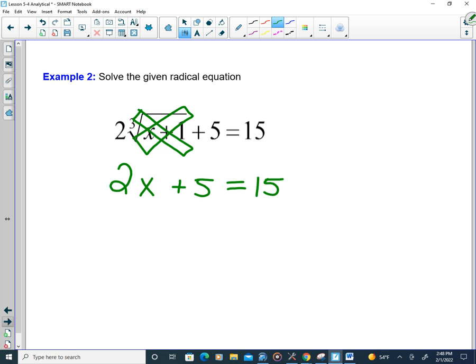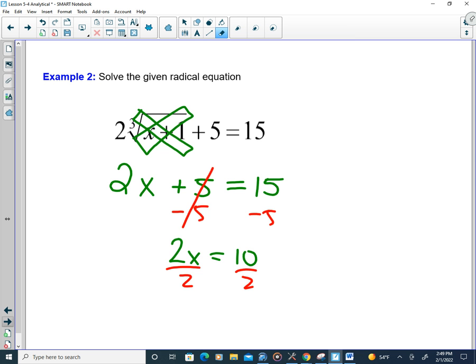So how would you solve this equation that's written in green? Well, it's a two-step equation. You would have to subtract 5, right? And then you got 2x equals 10, and then divide by 2. Okay, so that's how many steps it's going to take to get the radical by itself. So we have to subtract 5 first, and then divide by 2.